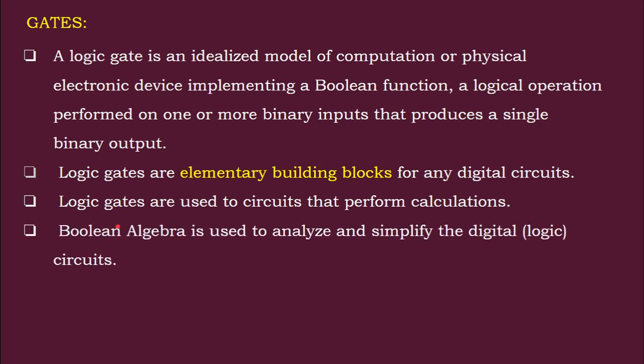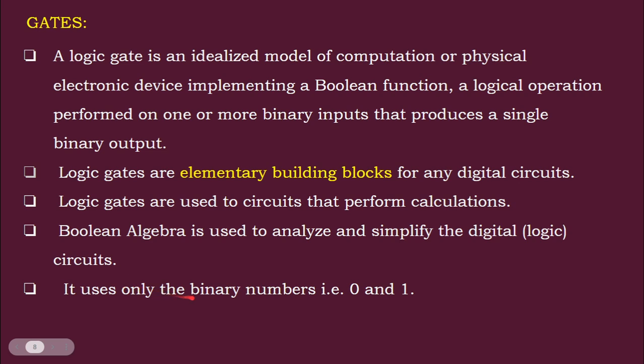Then we have Boolean algebra. It is used to analyze and simplify digital circuits. When you have digital circuits, they have so many gates, and in order to simplify those representations, just as in mathematics we simplify a big equation into a small equation, in the same way in Boolean algebra we minimize or simplify the digital equations in order to get a solution for any circuitry.